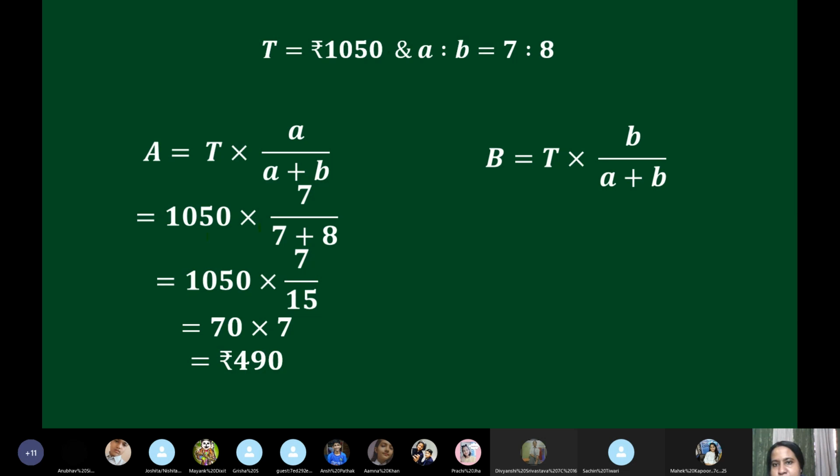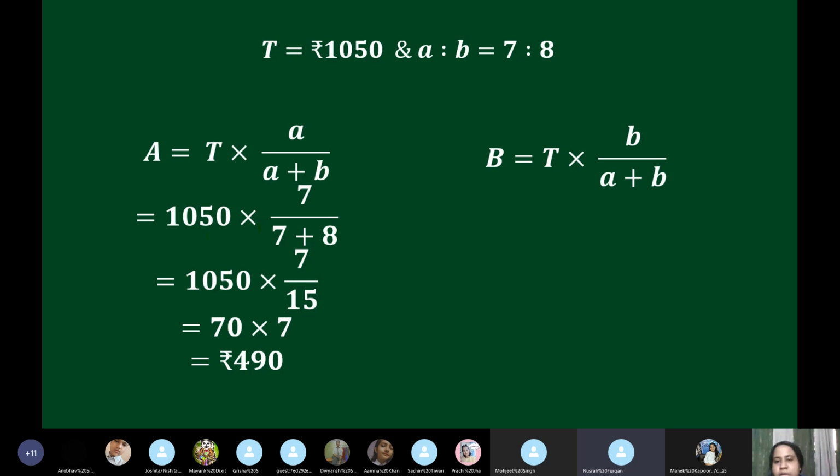If we have 3 parts and we have to calculate the third part, what will be the formula? Ma'am, C is equal to T into C upon A plus B plus C.